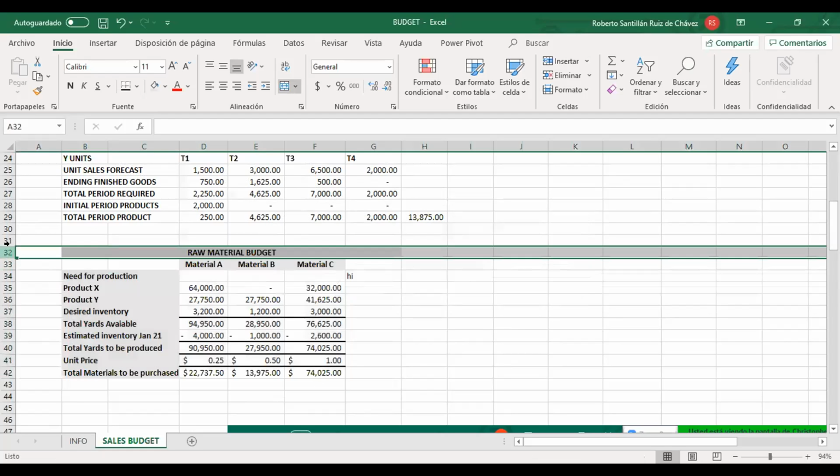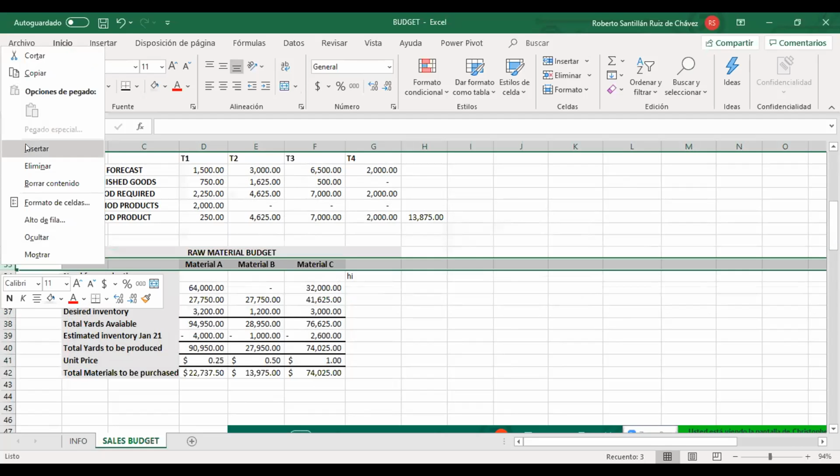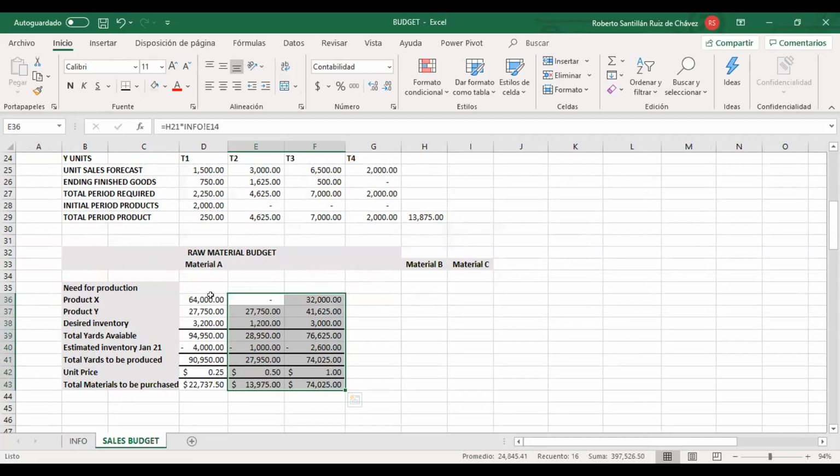And also, I don't have 64,000 and 27,000 for the complete period. No, it's gonna be different because we are gonna do it for the complete period. You don't have that? No. What do you have? What did you multiply? Okay, double click that one. Yeah, maybe one of your production budgets is incorrect.